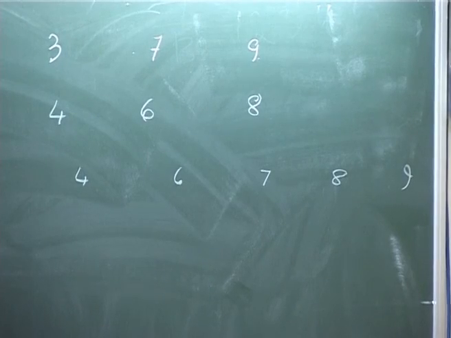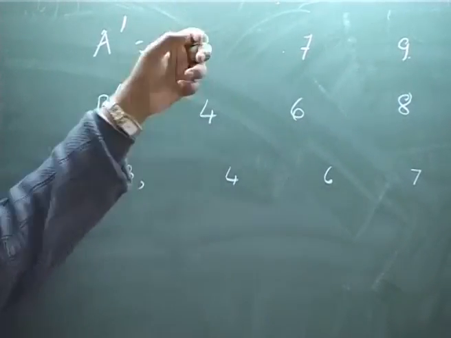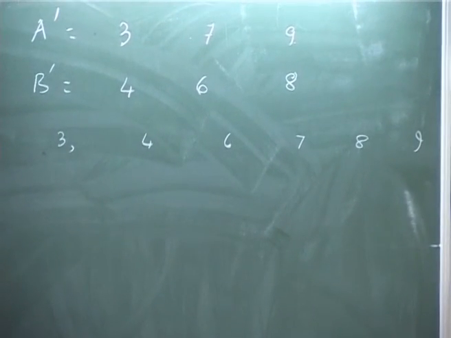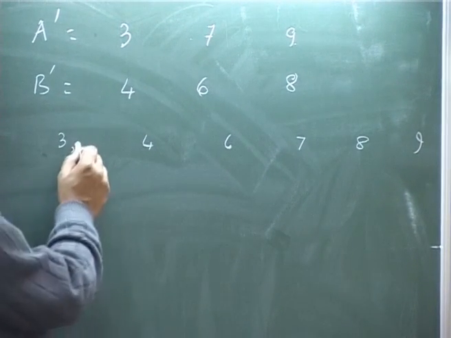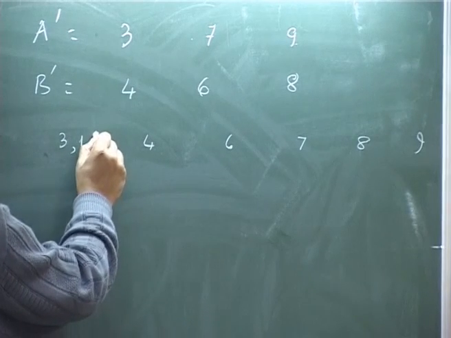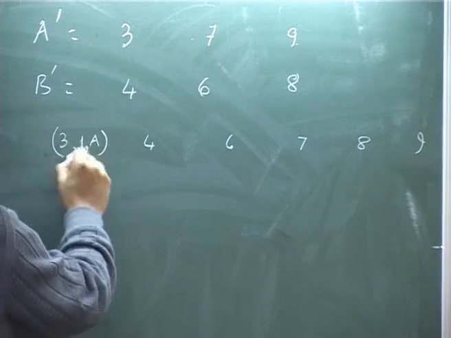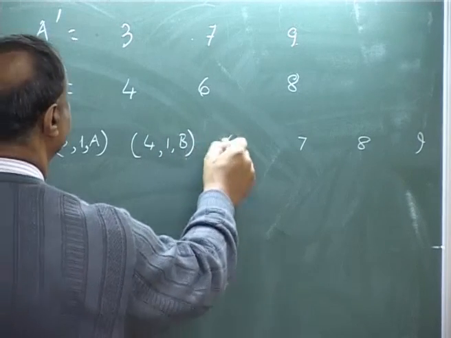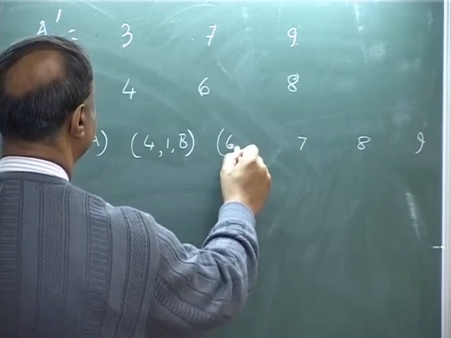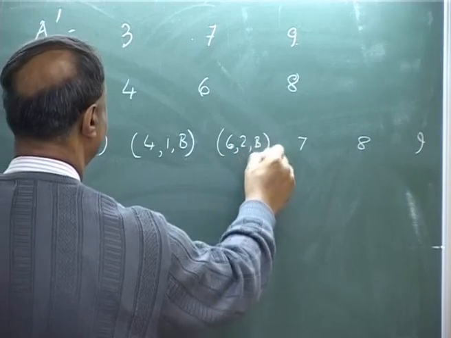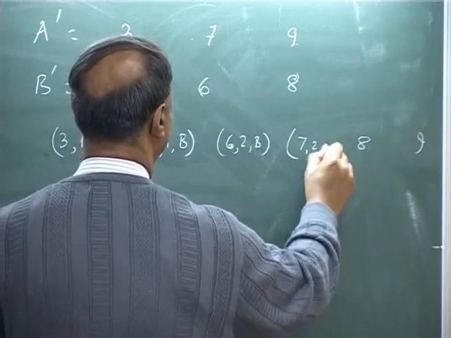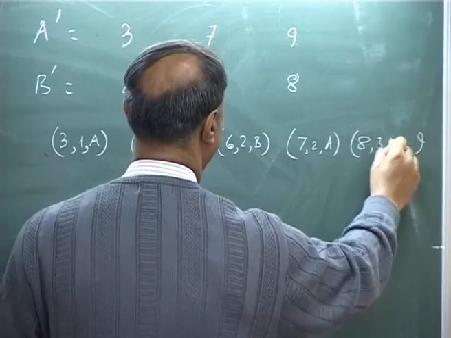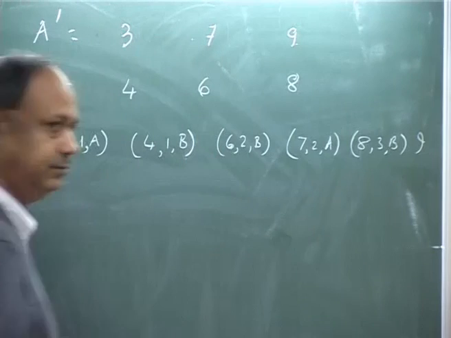Right? Now, it will not be known to you whether you got each element from the first sequence or from the second sequence. So what I want to try here is 3, 1, A, 4, 1, B, 6, 2, B, 7, 2, A, 8, 3, B, and so on.